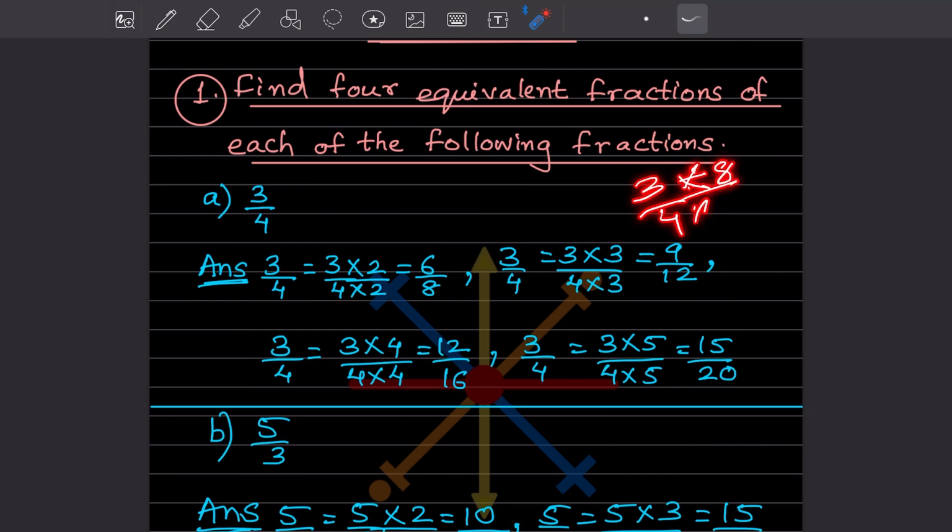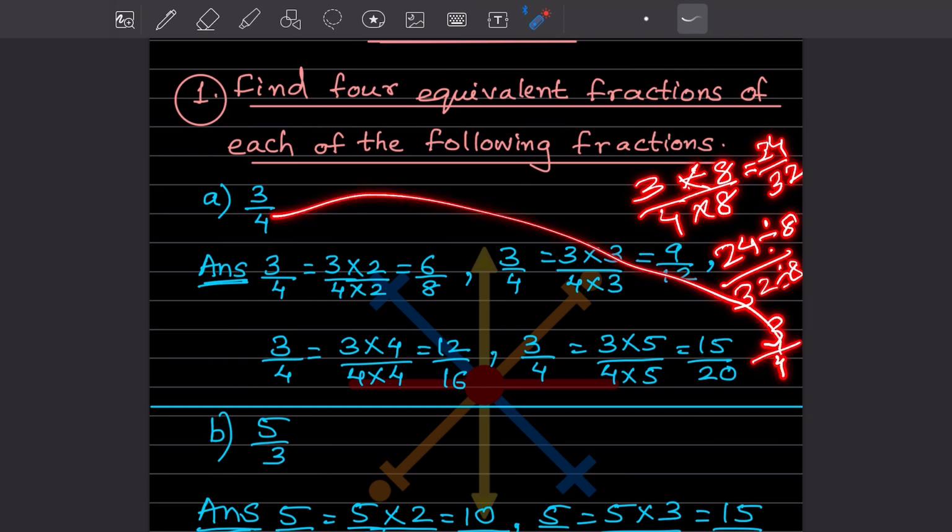What do you get? 24 by 32. When 24 is divided by 8 and 32 is divided by 8, 8 threes are 24, 8 fours are 32, so you get 3 by 4.